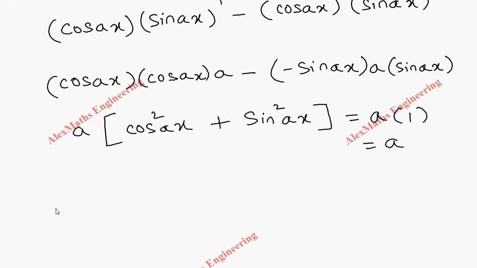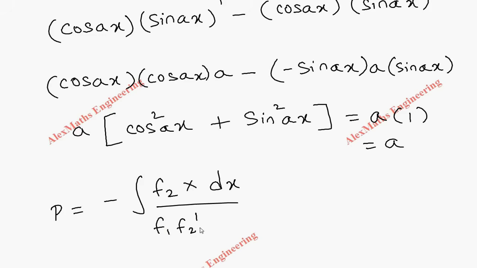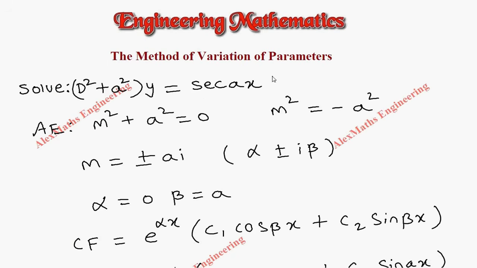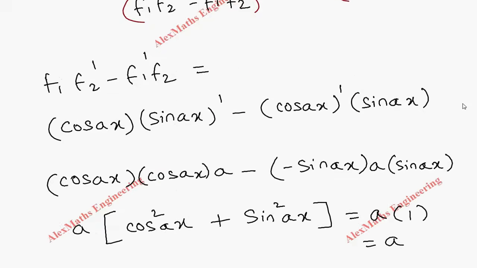Now coming to the calculation of p, which is minus integral f2 x dx by f1 f2 dash minus f1 dash f2. So here f2 is sin ax and x is nothing but the term which is given in the question on the right hand side, secant ax.